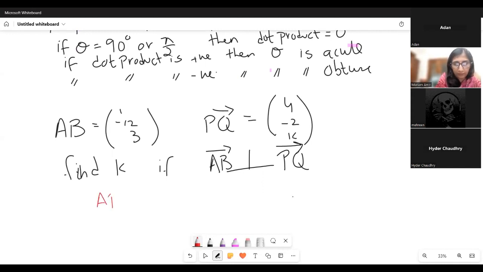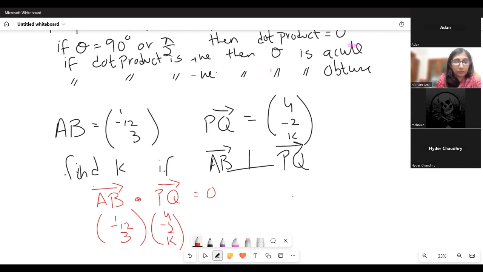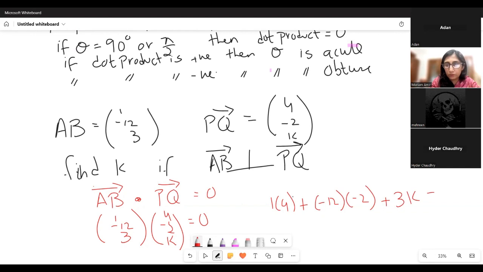So all you have to do is AB dot PQ equals 0. 1, minus 12, 3 dot 4, minus 2, K equals 0. In a dot product, we multiply the corresponding values and add the results. So 1 times 4 plus minus 12 times minus 2 plus 3K equals 0. 4 plus 24 plus 3K equals 0.